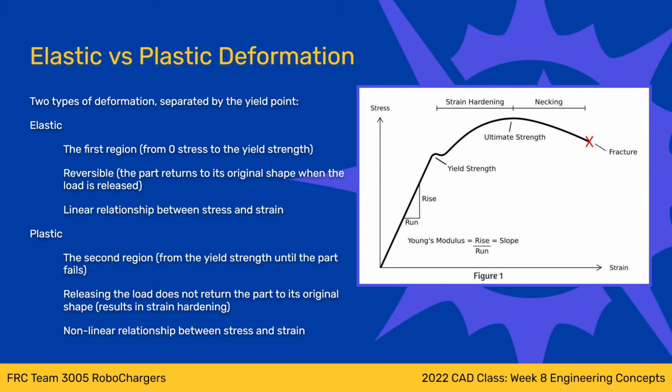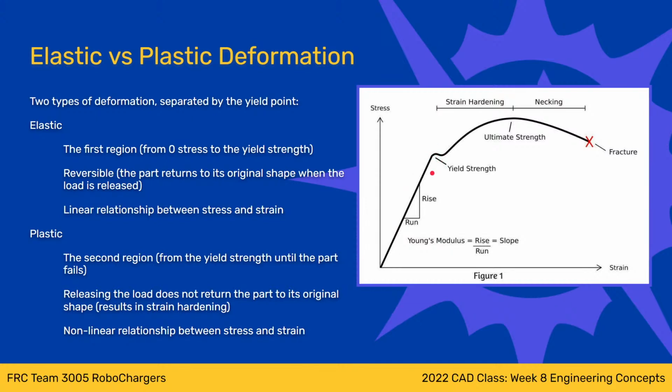They are proportional to each other. If I have 3 times the stress, I get 3 times the strain. And so it's very, very easy in the elastic region to predict how the material is going to respond.